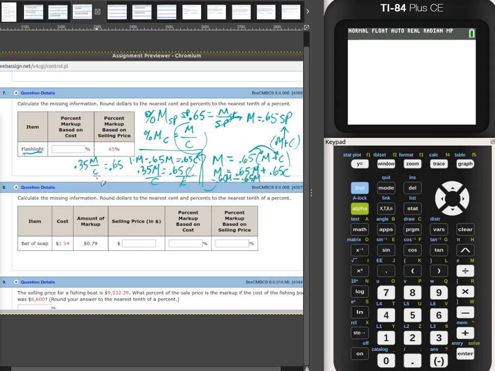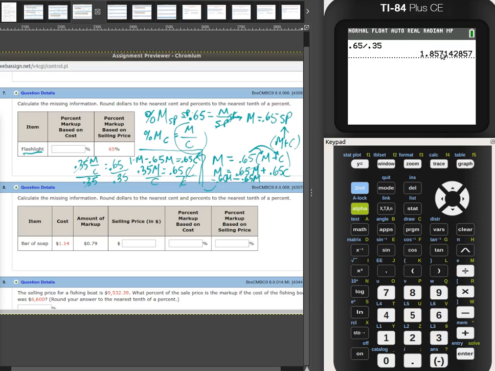And then last but not least, look, we're almost able to get m over c. It's so nice. We will go divided by 0.35 on both sides. On this side it will cancel, and so markup over cost, it's 0.65 divided by 0.35. And what is that? 0.65 divided by 0.35.